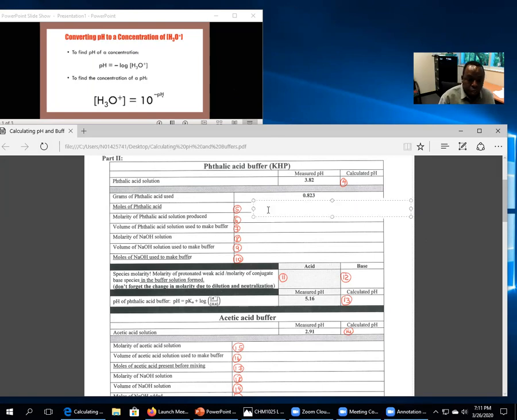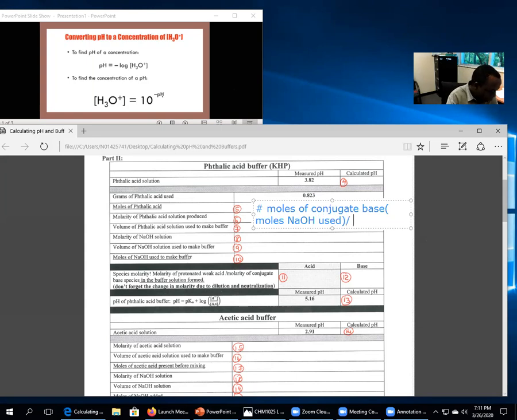The number of moles of conjugate base is the same as the moles of NaOH used to prepare the buffer solution.